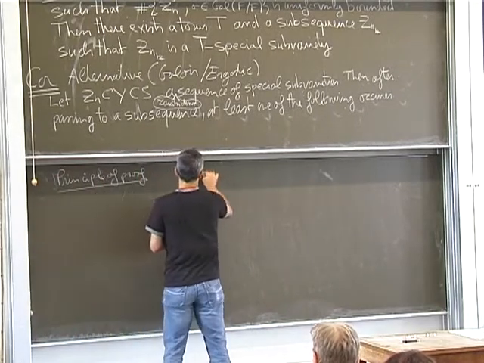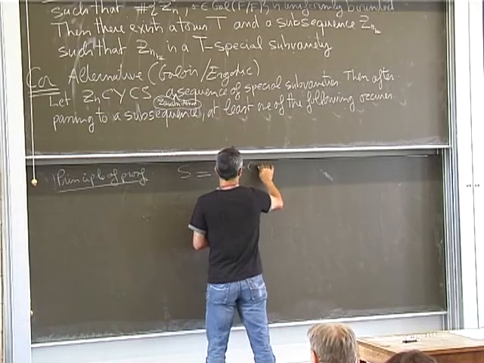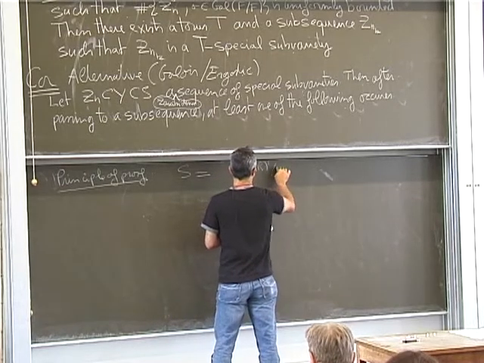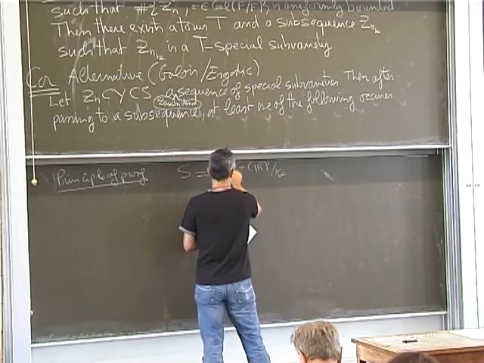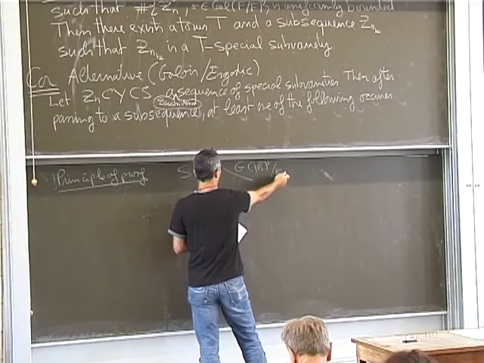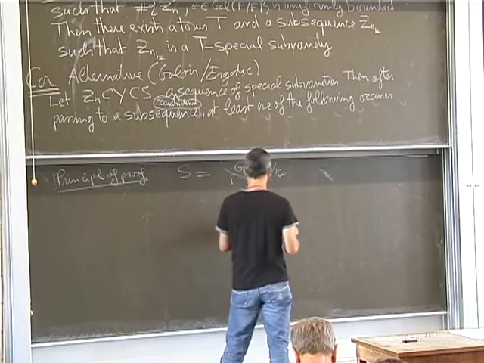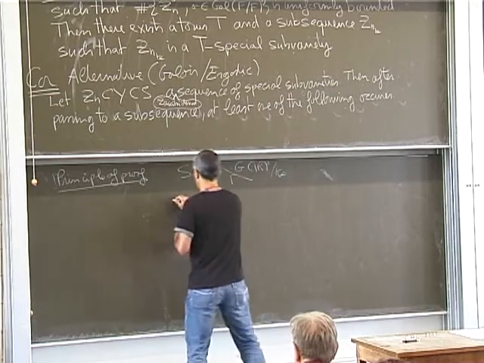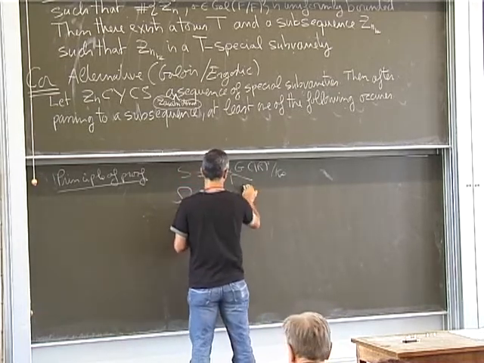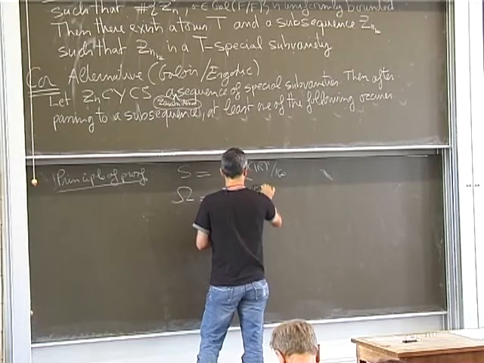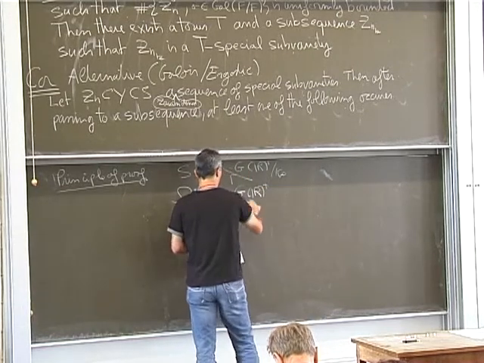So you have your Shimura variety, which is something like the Hermitian symmetric space G of R plus divided by a maximal compact, divided by gamma. And I define omega to be just G of R plus divided by gamma.